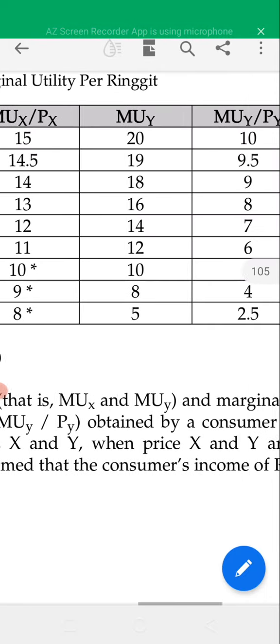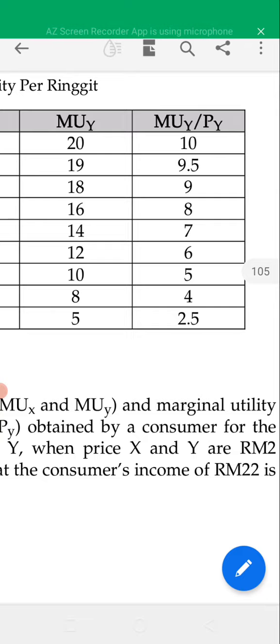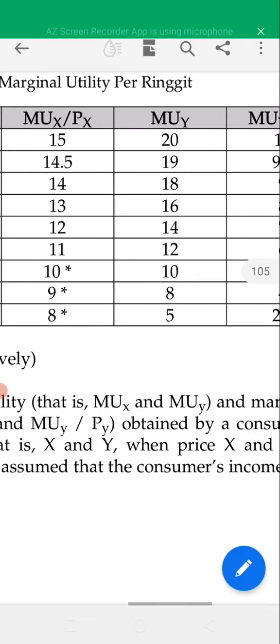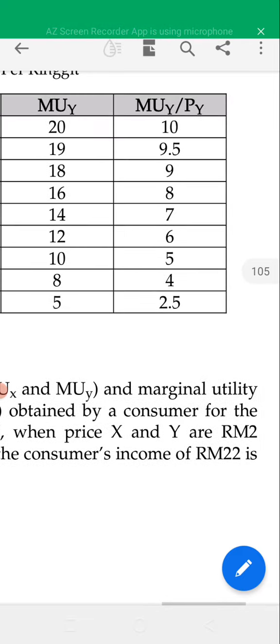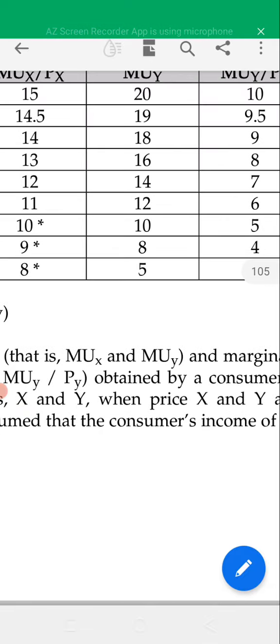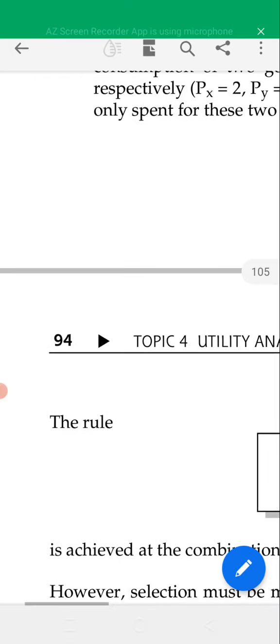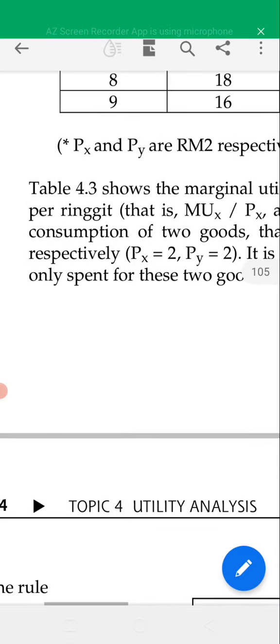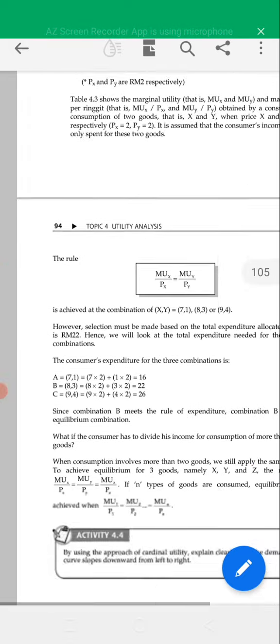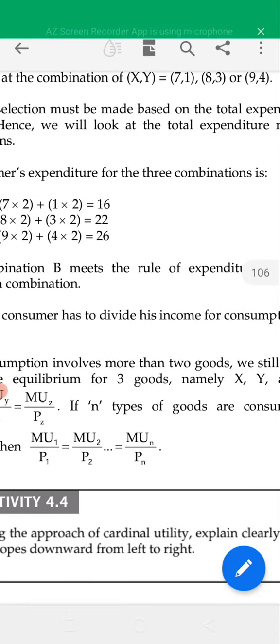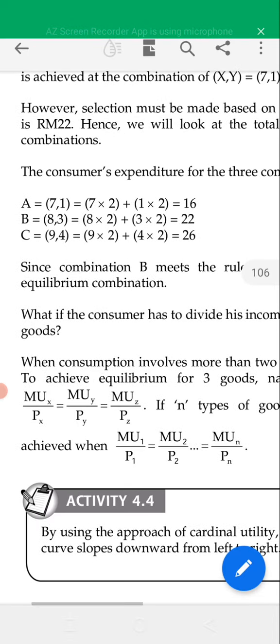You can see a 10 is appearing there and it's also appearing in here. The 9 is appearing there and it's also appearing there. So you just take the numbers as they are, form those bundles. They should be equal to the income that the consumer has. Since our consumer here has income of 22, our only bundle that is responding to that is bundle B. So therefore bundle B is a maximizing bundle.